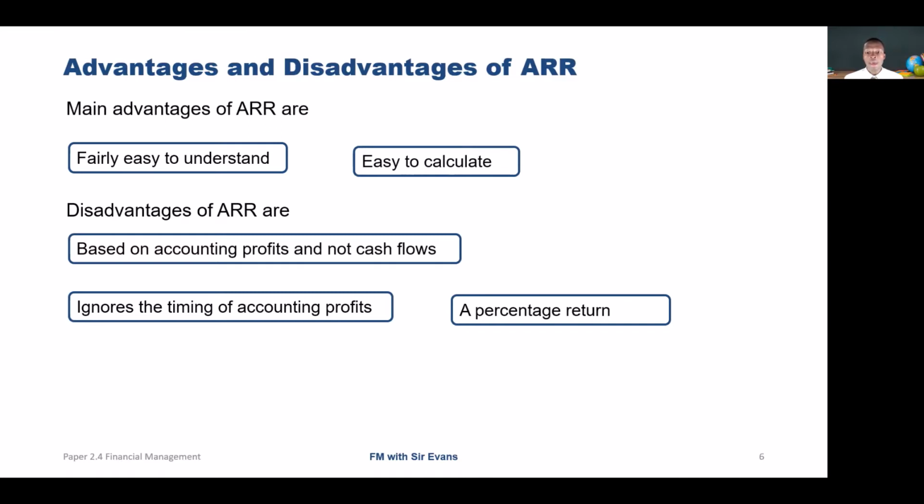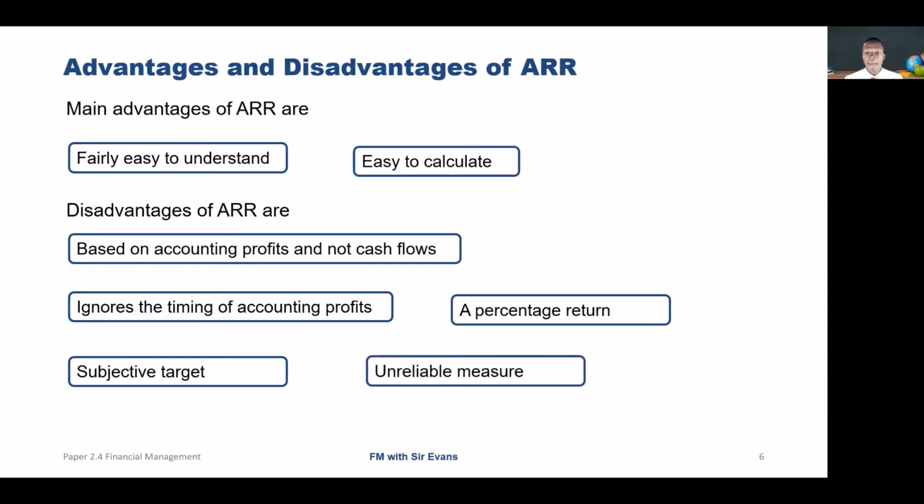This gives you a percentage return, which makes it sometimes difficult to determine exactly what it is. So it's also a decision that has to be made using the minimum target ARR with no rational economic basis on how to set that particular minimum ARR. Thereby, it makes it a subjective target.